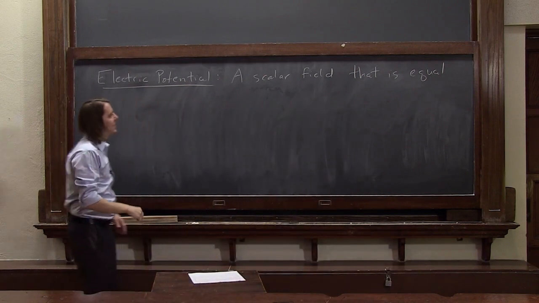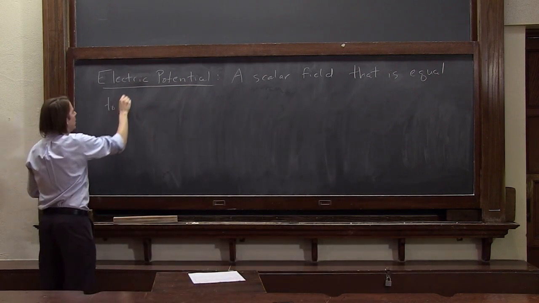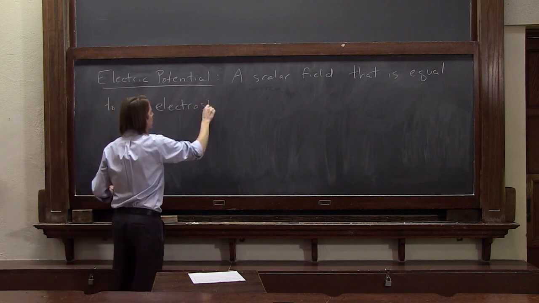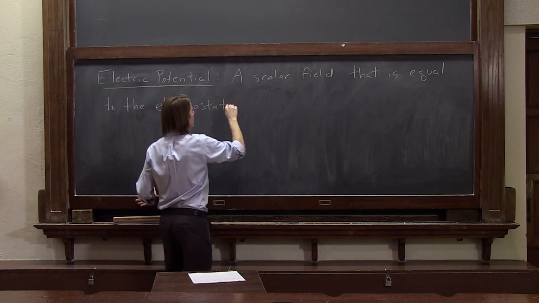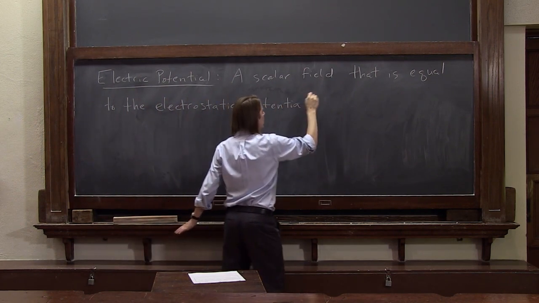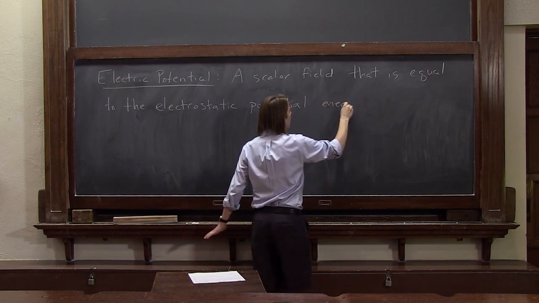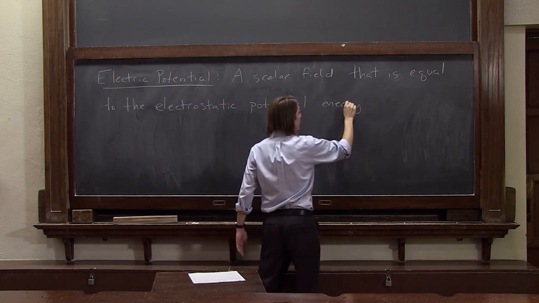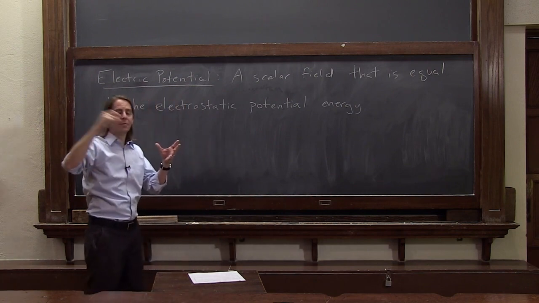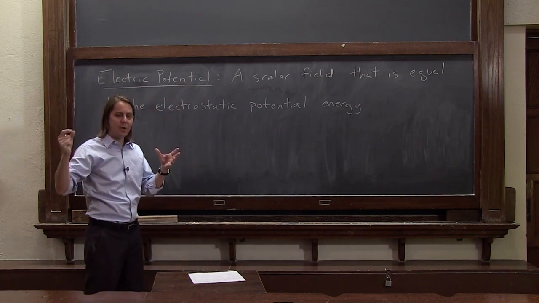to the electrostatic potential energy. So that's what we were talking about when we thought about the test charge being close to the big charge or far from the big charge, the difference in potential energy.